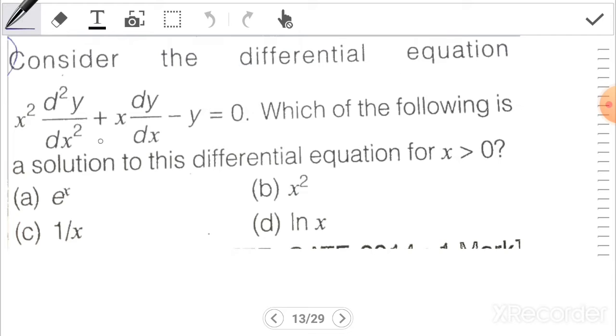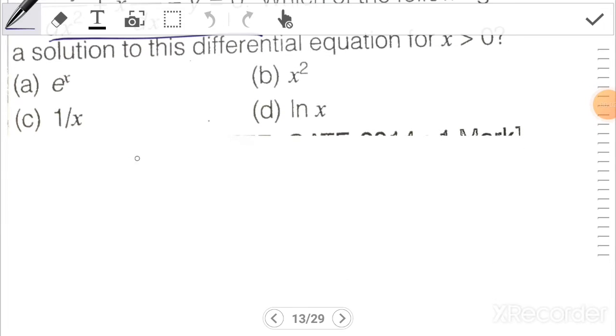Consider the differential equation x square d square y by dx square plus x dy by dx minus y is equal to 0. Which of the following is a solution to the differential equation for x greater than 0?